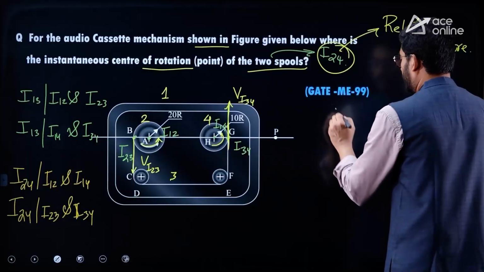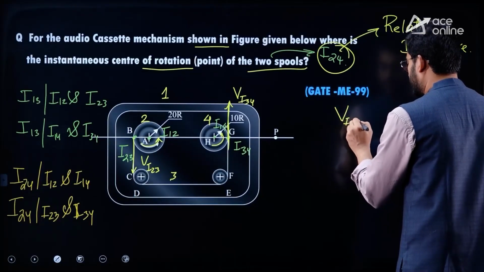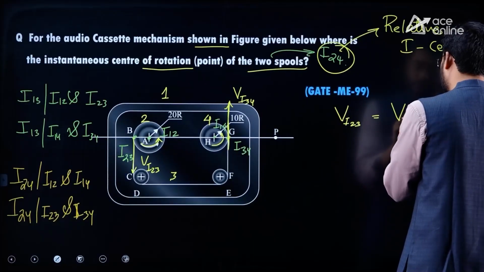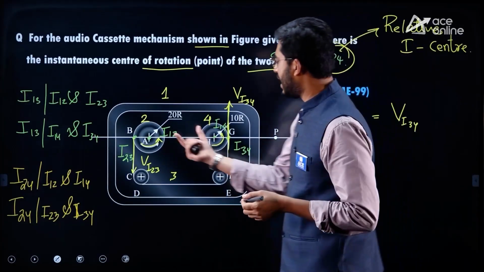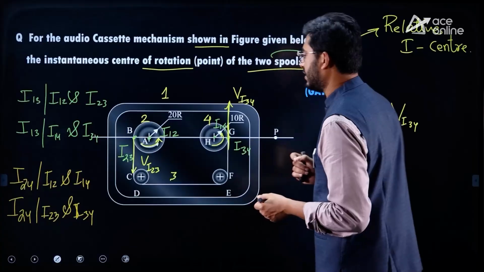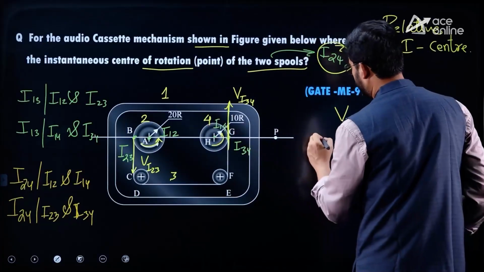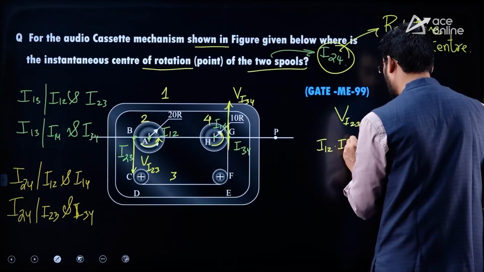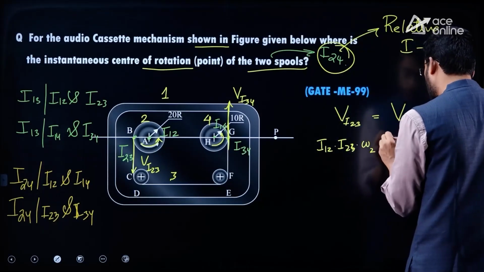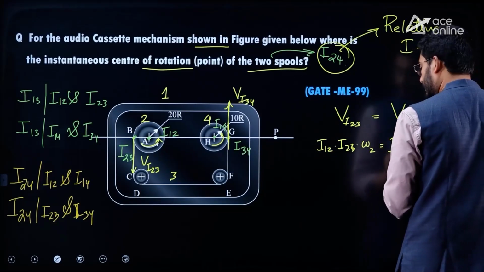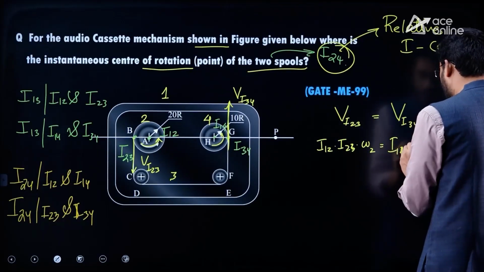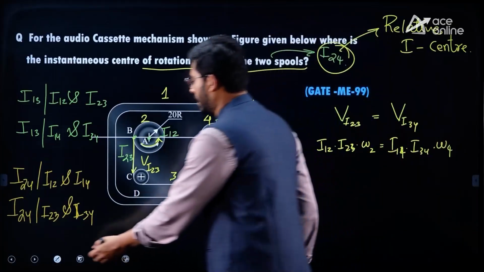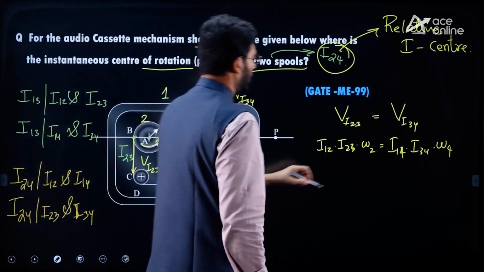Now if we equate these two velocities, Vi23 equal to Vi34, then we can write this as the radial distance I12, I23, omega 2 is equal to I14, I34, omega 4.